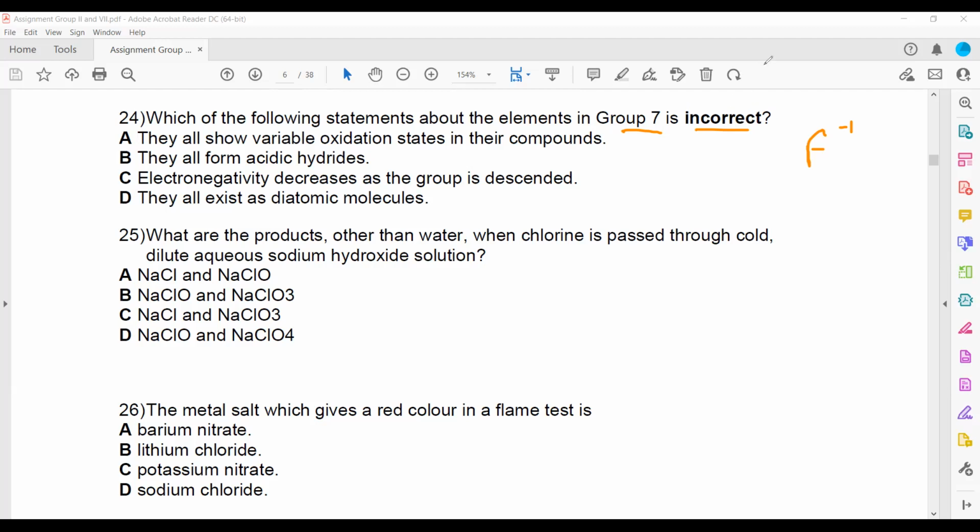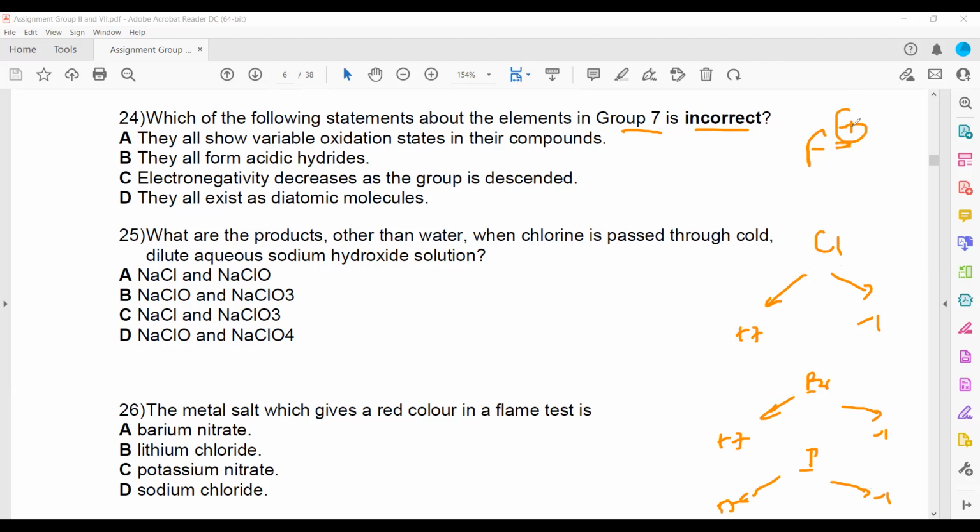Fluorine is the most electronegative element. It only needs 1 electron. So for fluorine, it is always -1. Chlorine may have a variation, as we mentioned, from +7 to -1. Bromine also may have a variation from +7 to -1, and the same for iodine. But for fluorine, due to the high electronegativity, it has a greater tendency to attract electrons and only takes 1 electron.